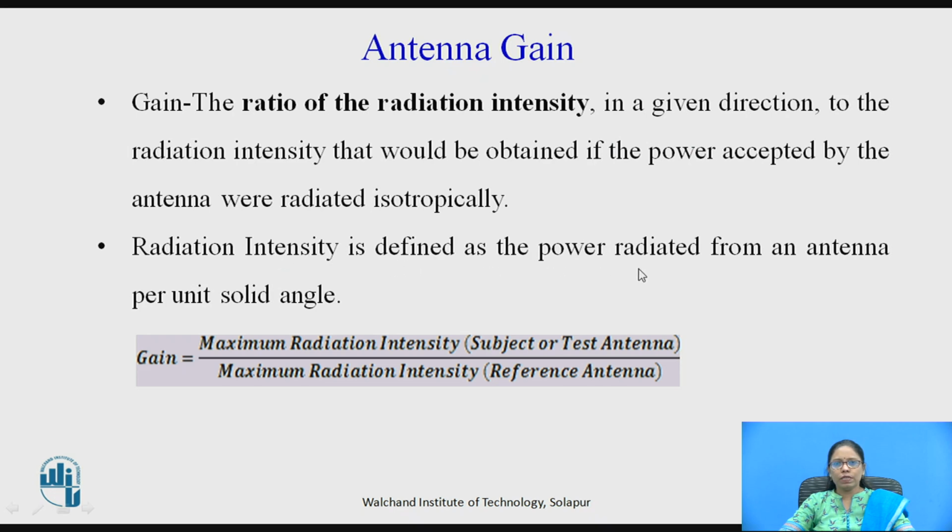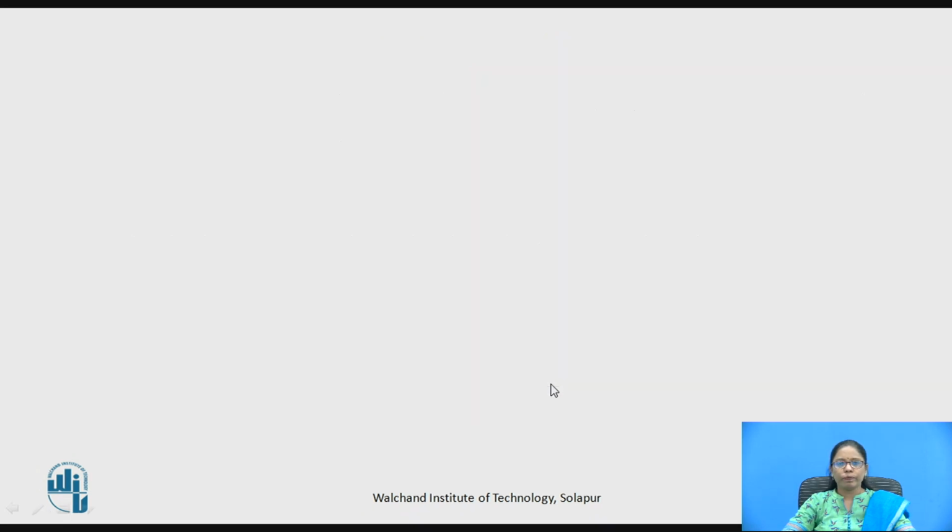Radiation intensity is the power radiated from the antenna per unit solid angle. Mathematically, gain is the maximum radiation intensity of the subject or test antenna to the maximum radiation intensity of the reference antenna.